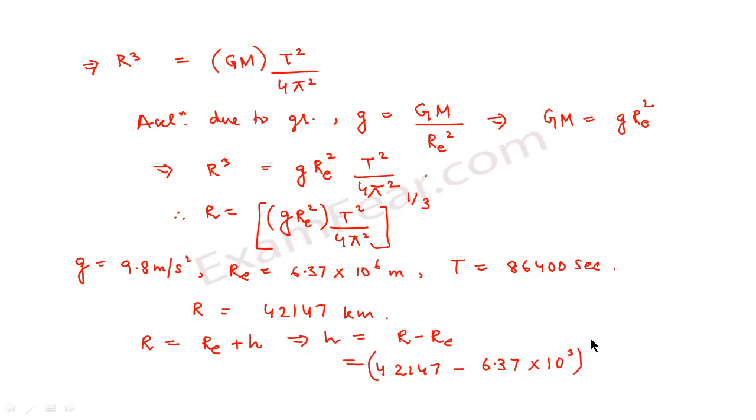Now when we calculate this, we get 35777 kilometer. So that means this is the height of the geostationary satellite from the earth. So a geostationary satellite is at a height of 35777 kilometer from the surface of the earth.